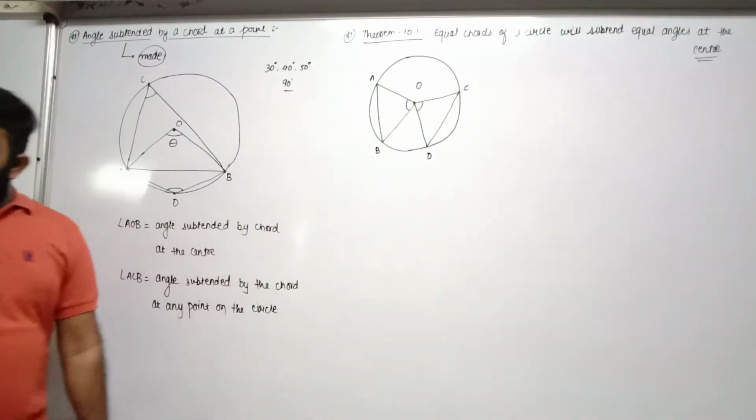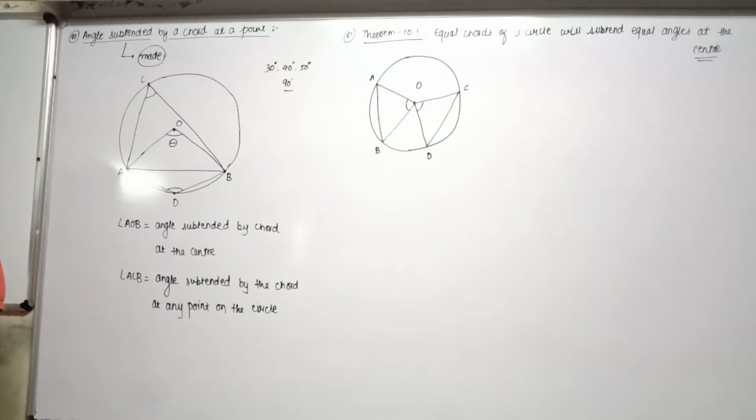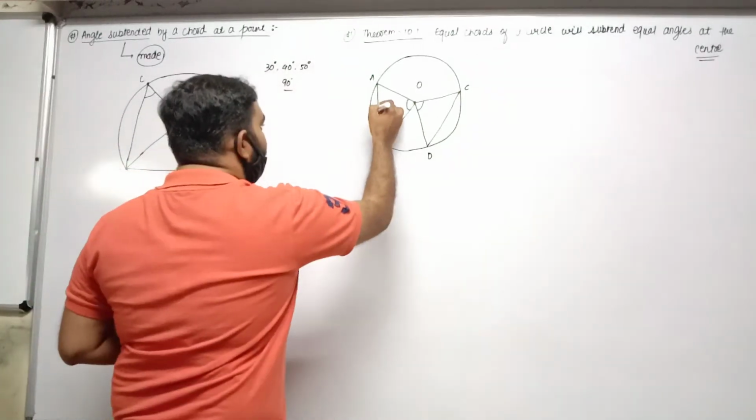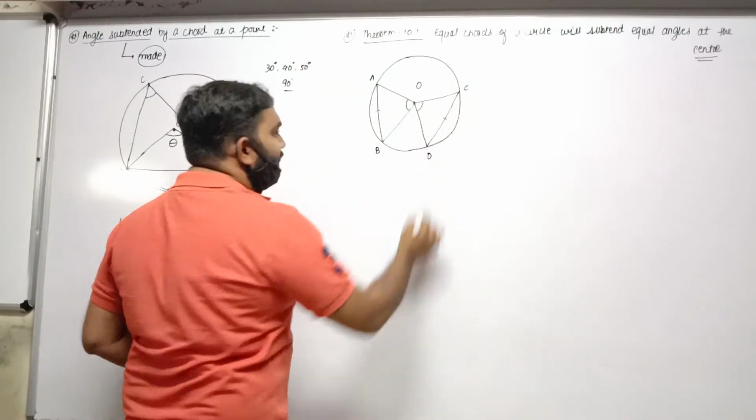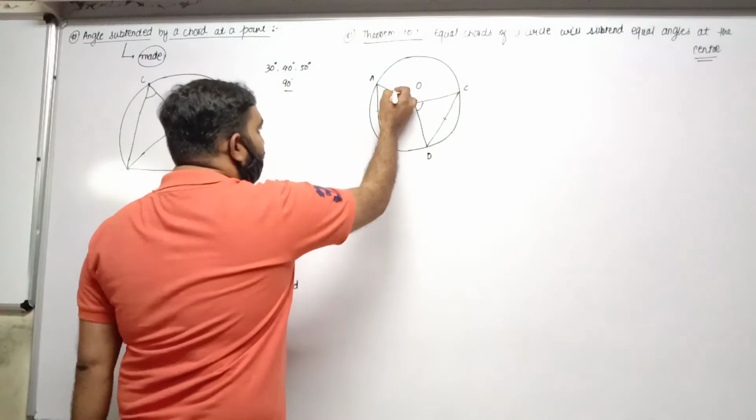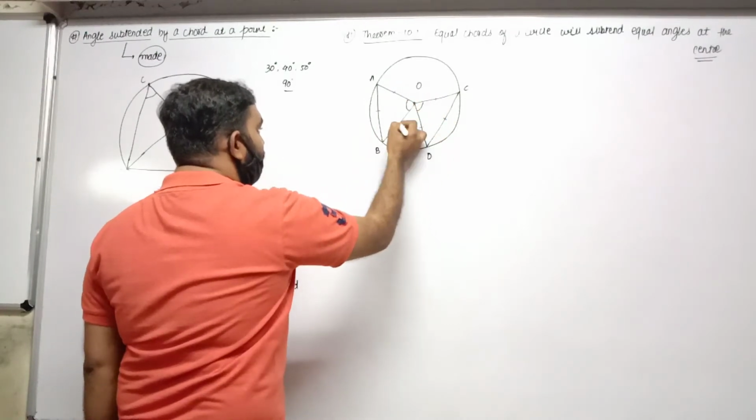Are those vertically opposite angles? No. Then how can we prove that these angles are equal? Can we? Yes, we can. If the theorem says so, then there must be a proof for this theorem, right? Now we know that this and this are equal. Will those be equal?